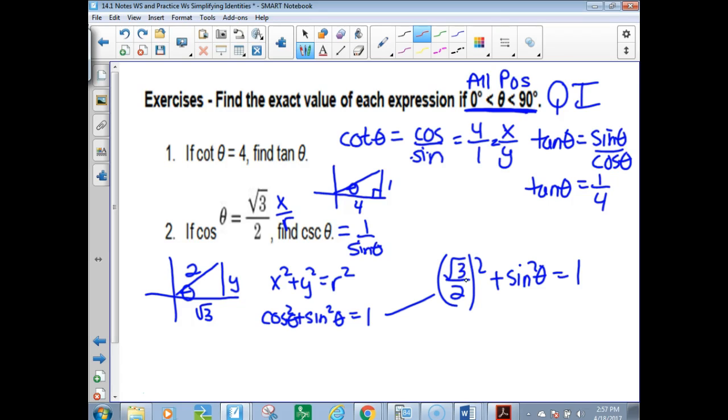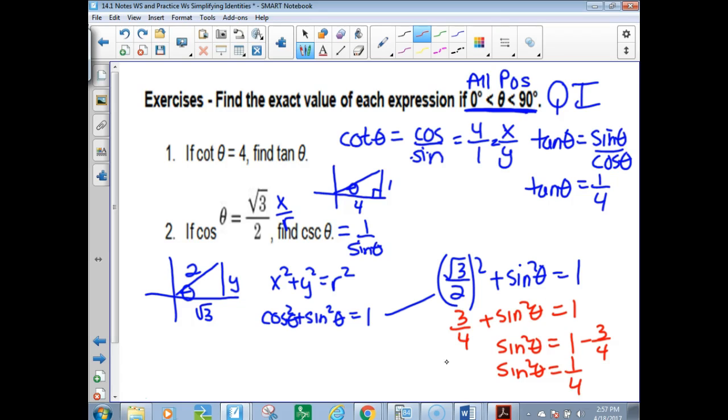Okay. If you square this, you get 3/4. Squaring the square root of 3 is 3. Squaring 2 is 4. I could then subtract 3/4 from 1. What's 1 minus 3/4? 1/4.